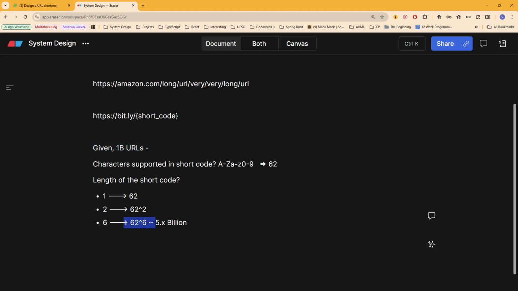With 6 characters we can support more than 5 billion. So we can easily go with 6 characters. So we are taking the length of the shortcode as 6. Just keep this in mind.